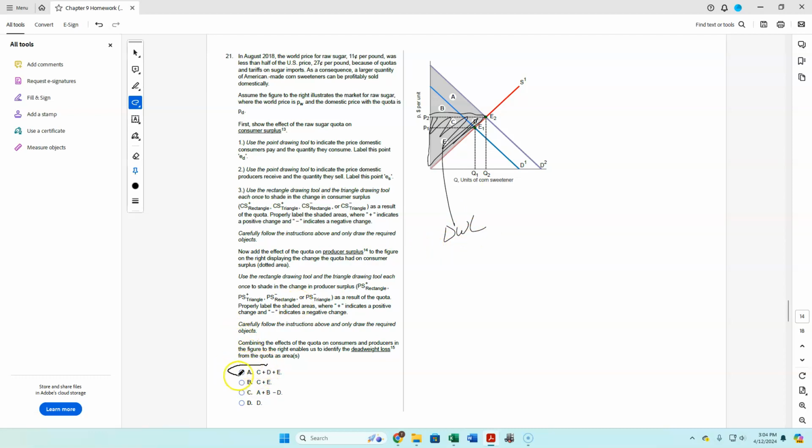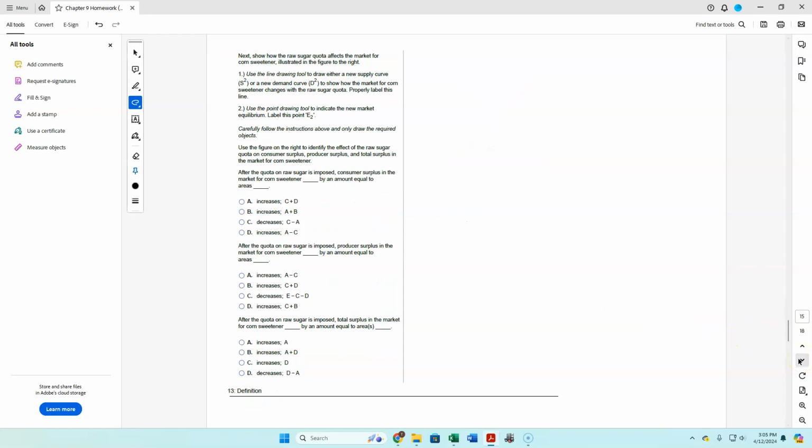Okay, so C, D, and E. Again, the reason is that if I stop people from buying it at 11 cents a pound, then people have no choice but to buy it at 27 cents, which would mean that the world market essentially doesn't exist for these consumers.